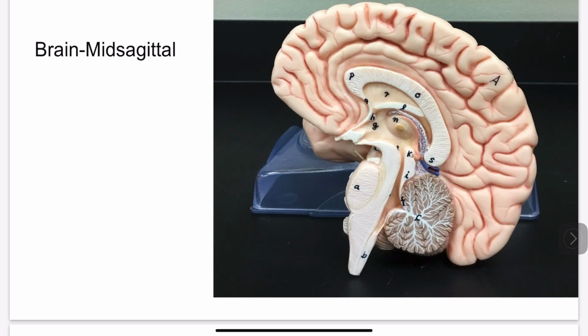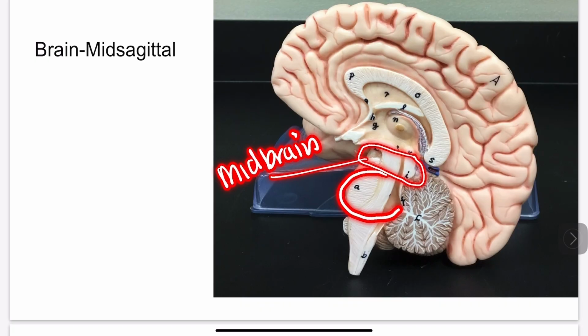And then let's take a look at some other structures, right? After the diencephalon, which again was everything here, we have our brainstem, which is everything below. So there are a couple of structures that we can see. This first region, everything in here, no matter what it includes, is your midbrain, the entire region. This would be your pons.